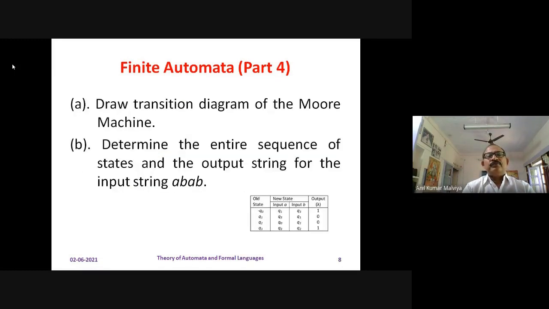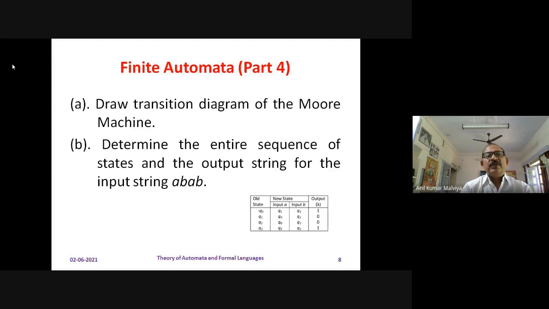Now, the first problem is, suppose we want to draw a transition diagram. Second is to determine the entire sequence of states and the output string for the input string a, b, a, b. Okay. Here you can see there are 4 states Q0, Q1, Q2, and Q3.